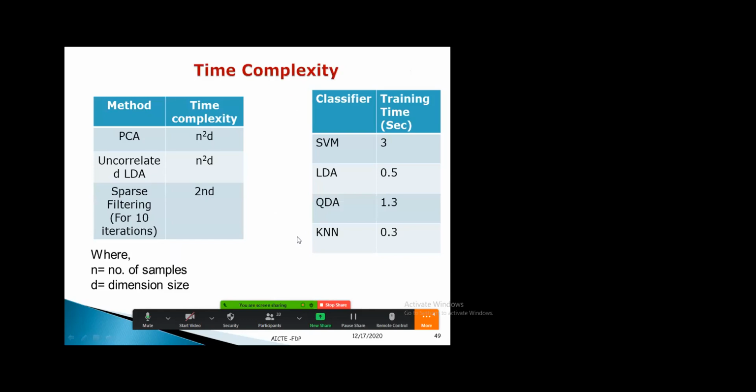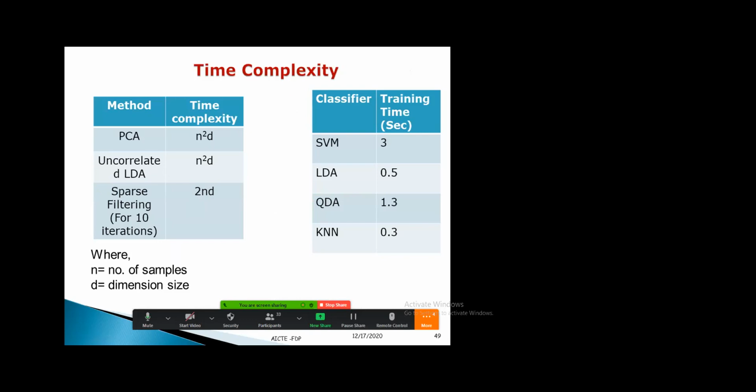And if I go for the time complexity, for PCA it is n square d, uncorrelated LDA also n square d, but when you go for sparse, it is 2nd, where n is the number of samples and d is the dimension size. So it really reduces our time complexity, and that was the aim with which we went: we want something faster for a person to realize, between the time the signal is taken and the activity is performed.